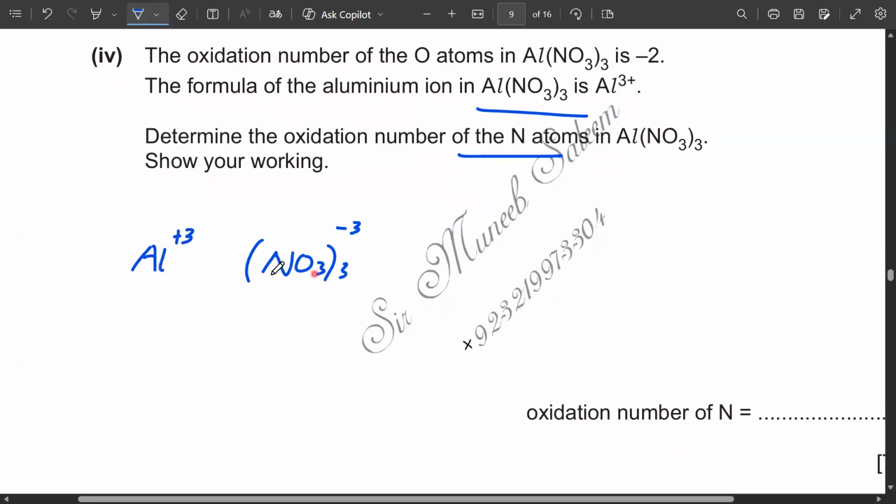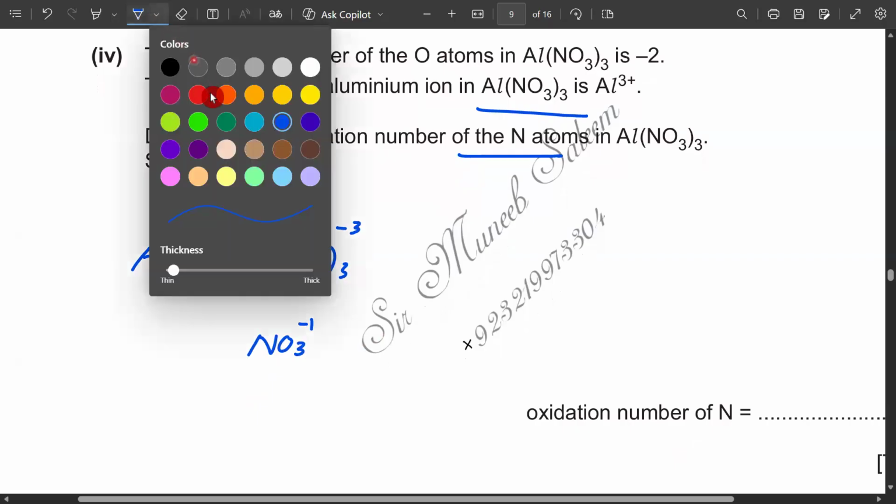Aluminium has +3 charge and nitrate will overall have -3 charge, which means the charge on just one NO3 will be -1. These three are basically telling the overall charge of -3. So the charge on just one NO3 is equal to -1. Now we can try to find the value on the nitrogen.